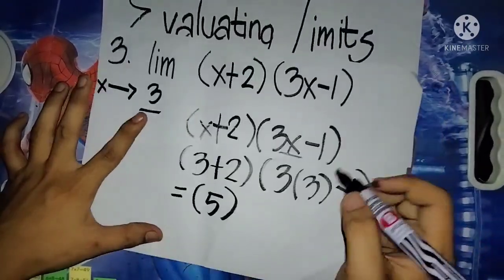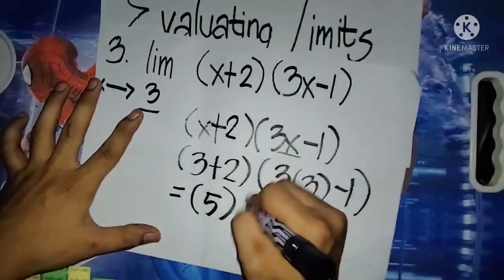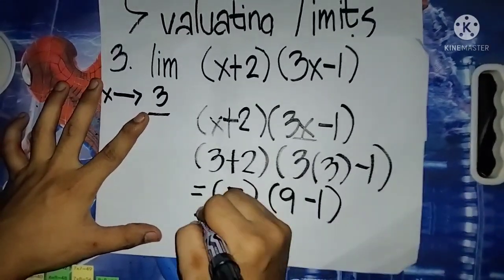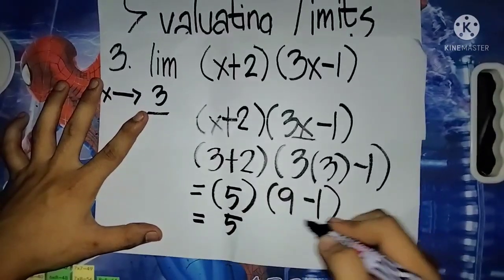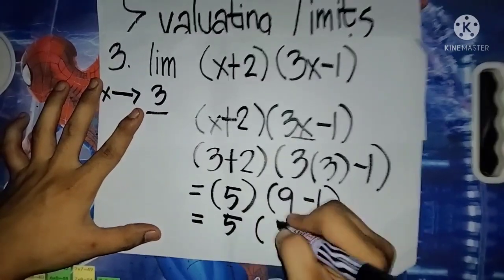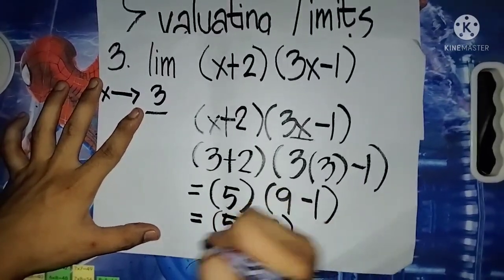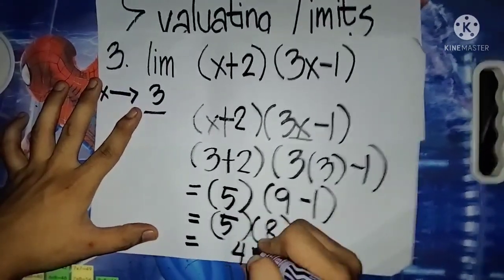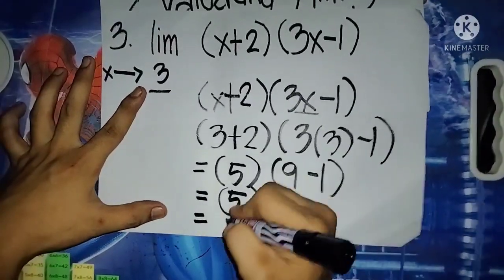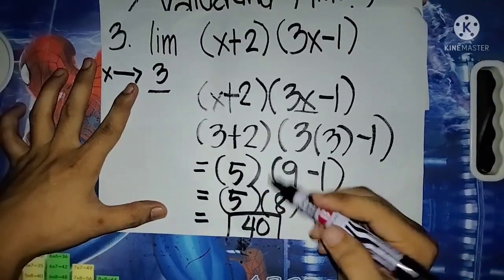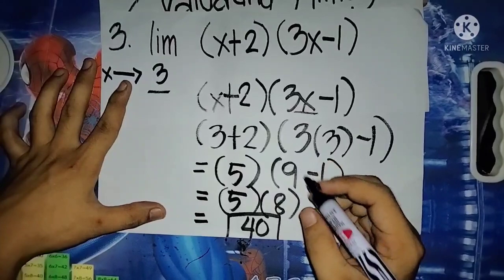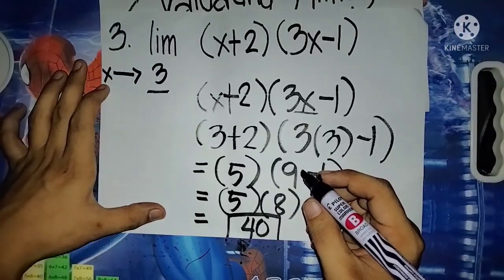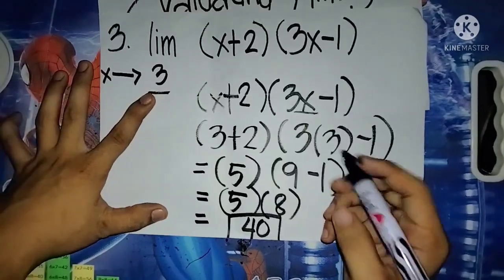Then 3 times 3 is equal to 9, and we have negative 1. And then 9 minus 1 is equal to 8. So 5 times 8 is equal to 40. So our limit of x plus 2, the quantity of 3x minus 1, as x approaches 3, is 40.